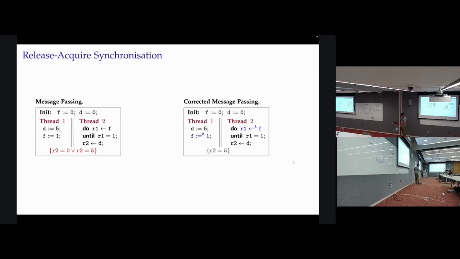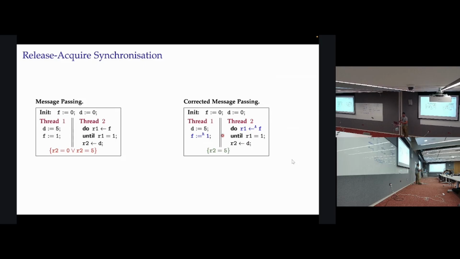And we said the way to fix it is to add release acquire annotations. When we're performing this write, we add a release annotation, and when we're performing the read, you add your acquire annotation.